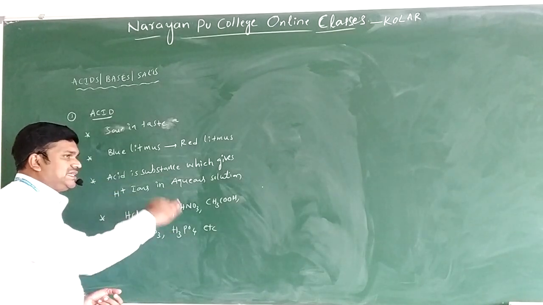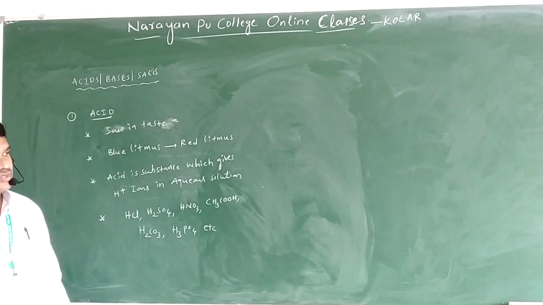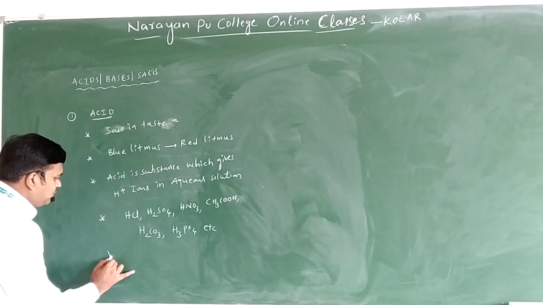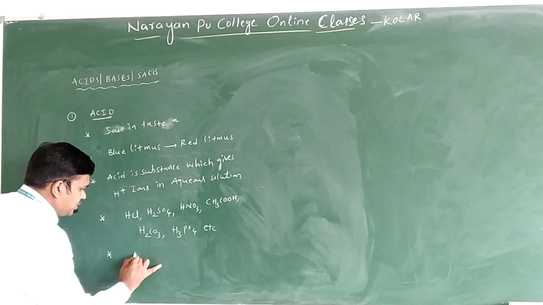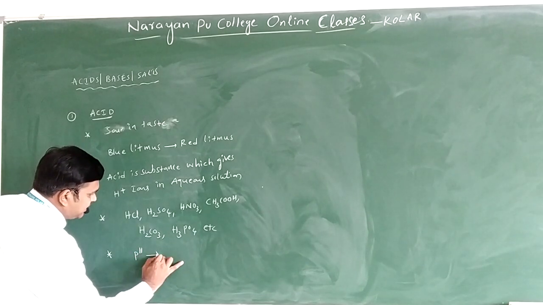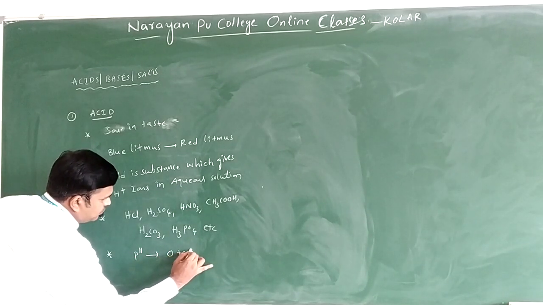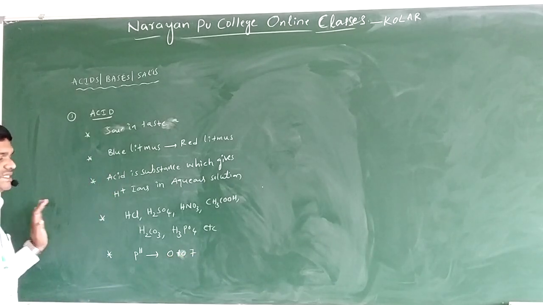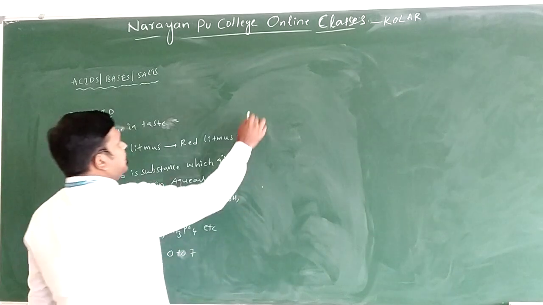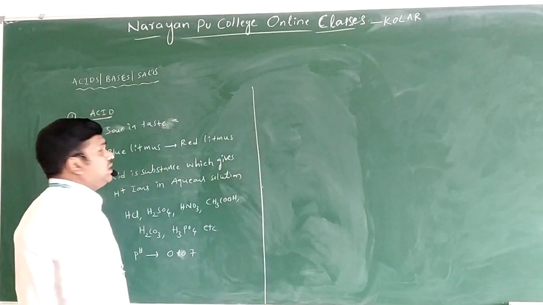So all these are examples of acids. Generally, what is the range of acid related to pH? The pH of acid ranges between 0 to 7. So this is mainly the introduction regarding acids.